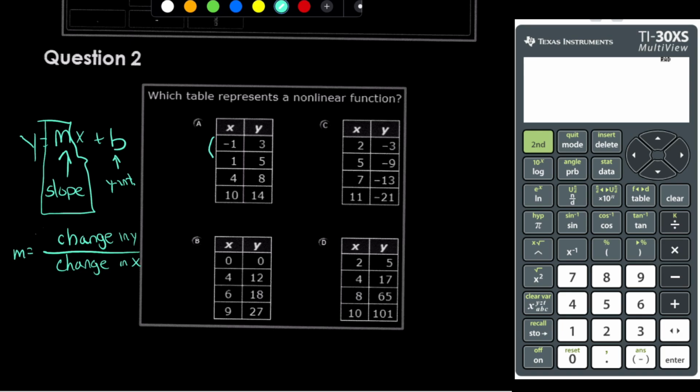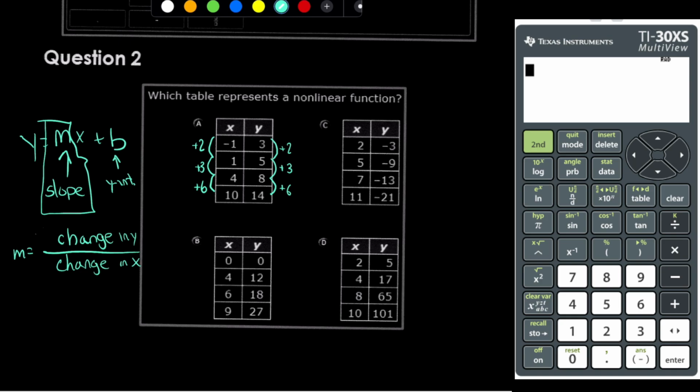For this first table, negative 1 to 1, we added 2. 1 to 4, we added 3. 4 to 10, we added 6. On your y side, 3 to 5, we added 2. 5 to 8, we added 3. 8 to 14, we added 6.